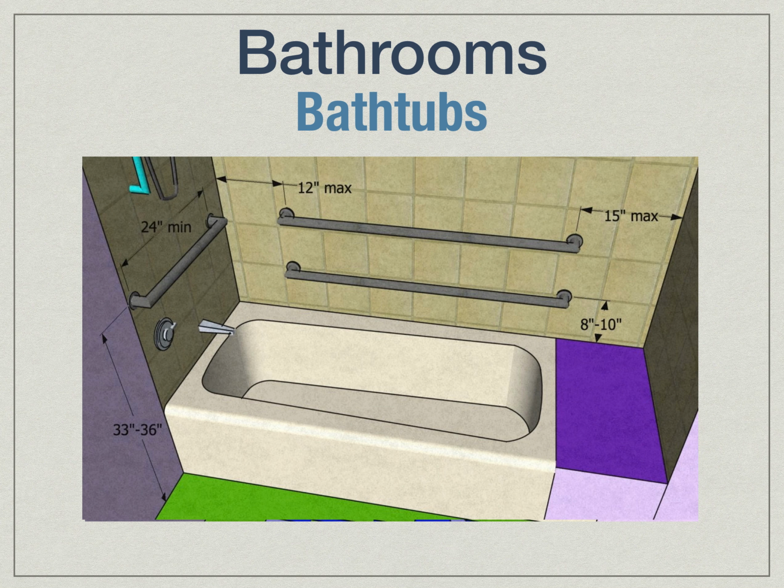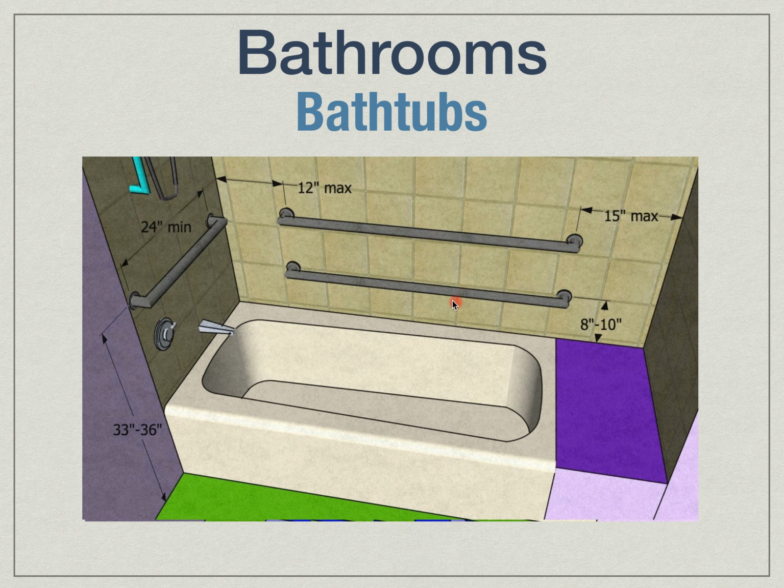So in this first example here, we have a bathtub, and then we have some grab bars here, and then a seat here at the back of the tub. So what we start out with is these grab bars. This one here is 33 to 36 inches off the floor, and this is 24 inches or 2 feet minimum.